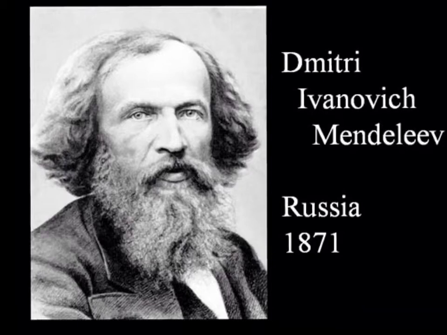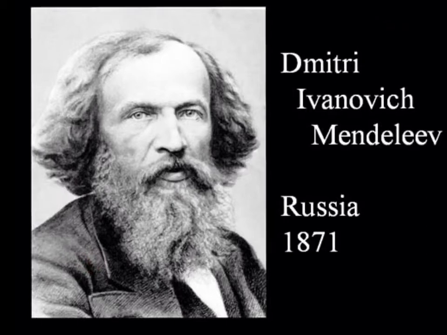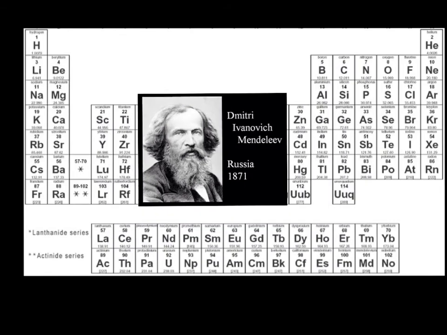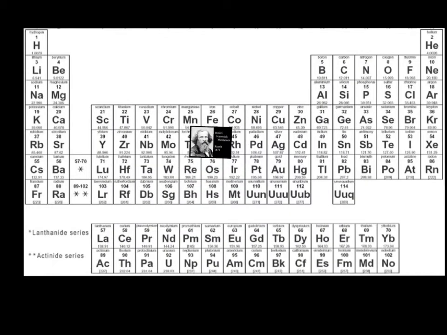So these predictions of Dmitri Ivanovich Mendeleev were made possible by his rather impressive table of the elements. He basically organized these guys into a system that allowed certain patterns to be revealed.